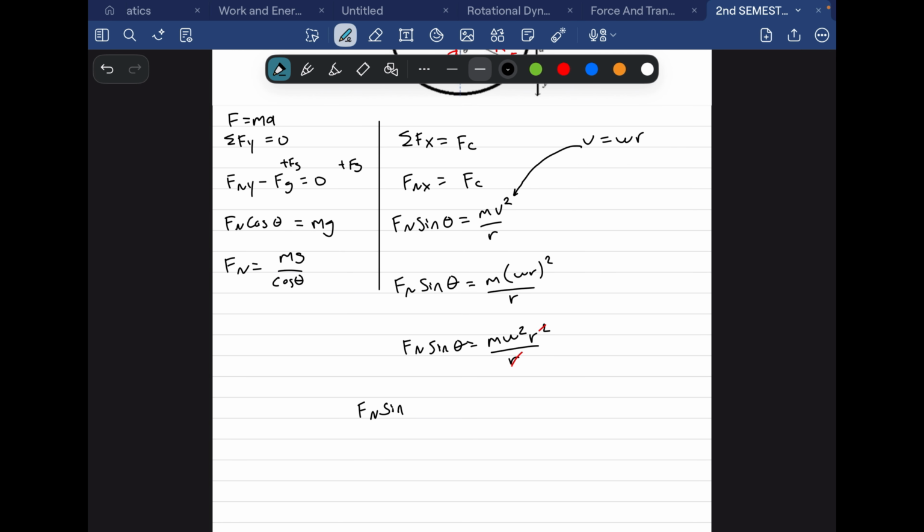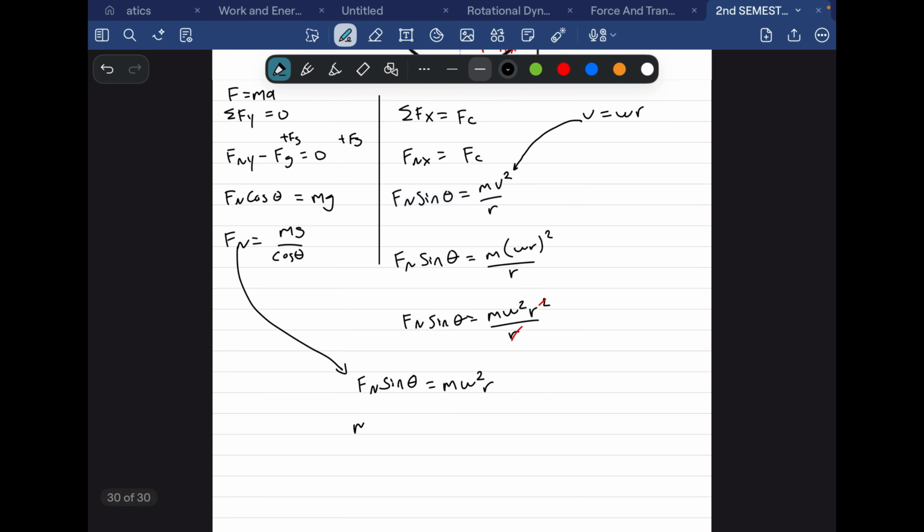Fn sine theta is equal to m omega squared r, right? Omega should be the same because they're covering the same theta in the same amount of time. So omega is the same for the ball or the bar. But then we're referencing the ball in this problem.